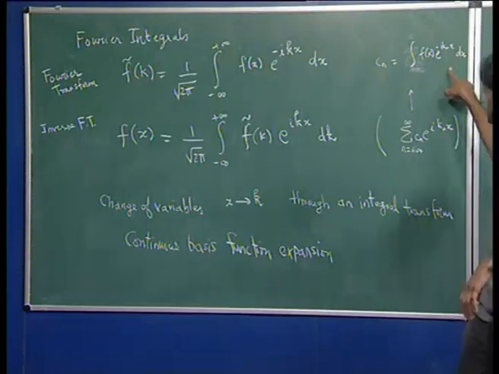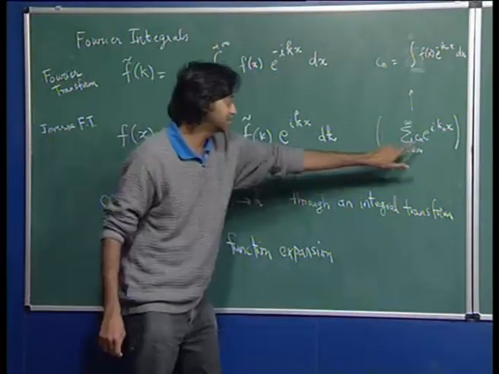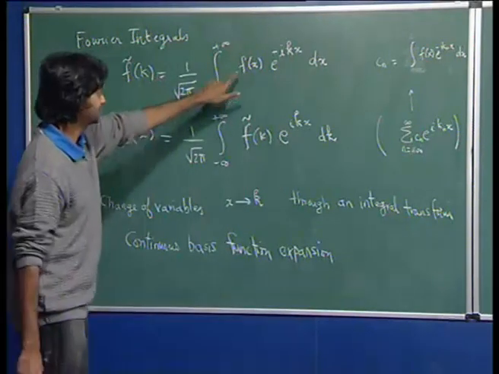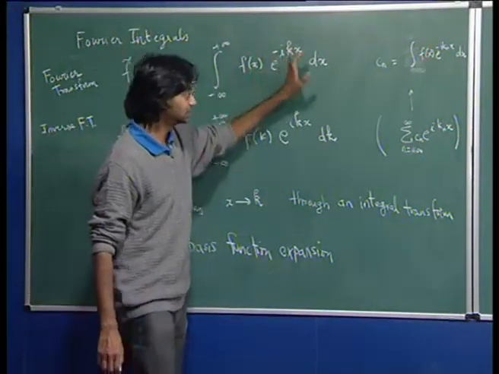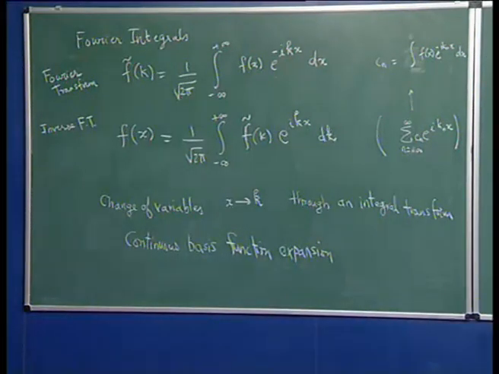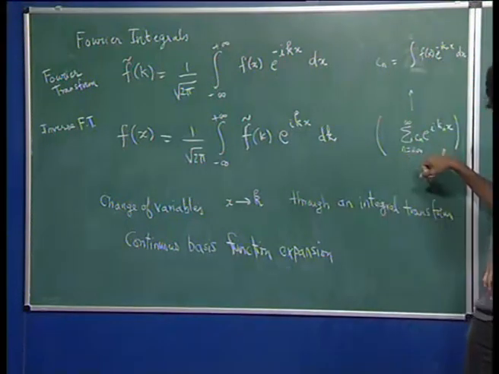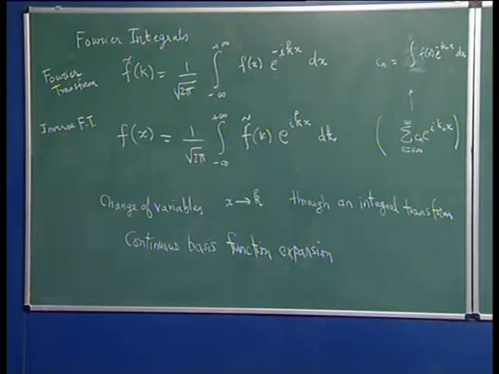And in this case what you have is f tilde of k, which is what we associated with c_n. That looks like the integral of f of x e^(-i k x). So there is a lot of similarity. In a sense, what you are doing here is the same thing as this, but you are letting your k be continuous.